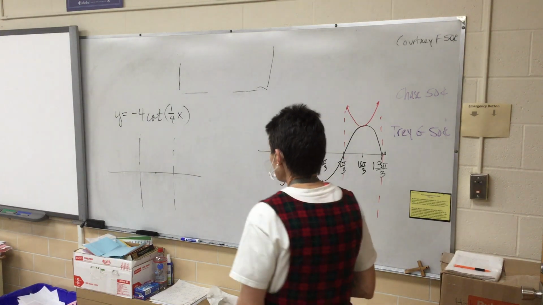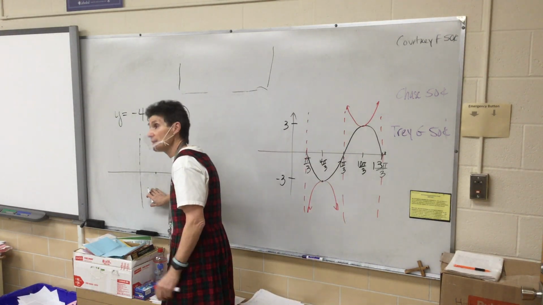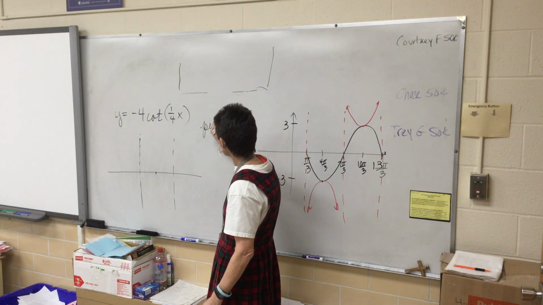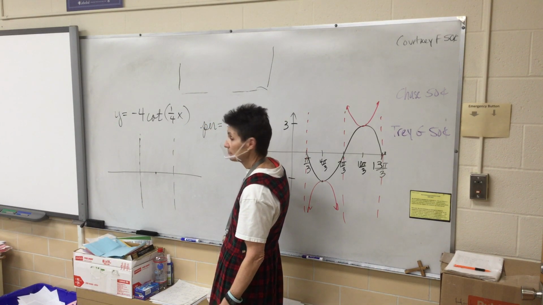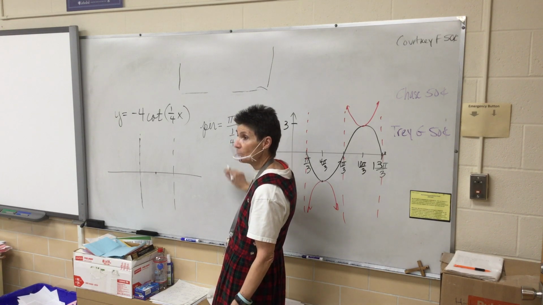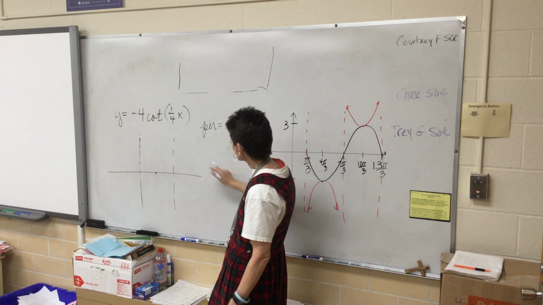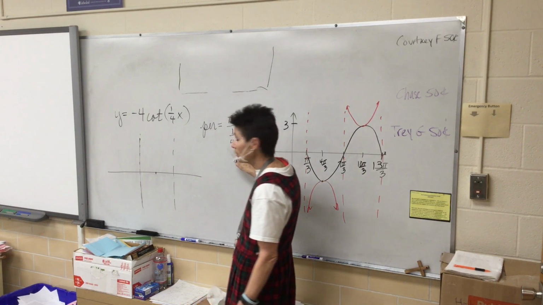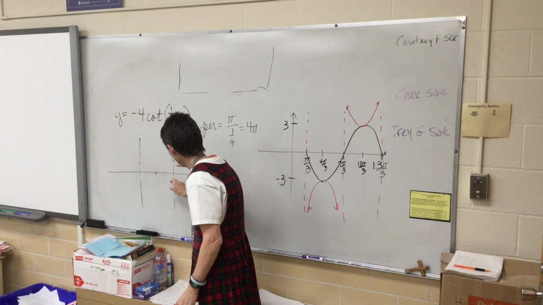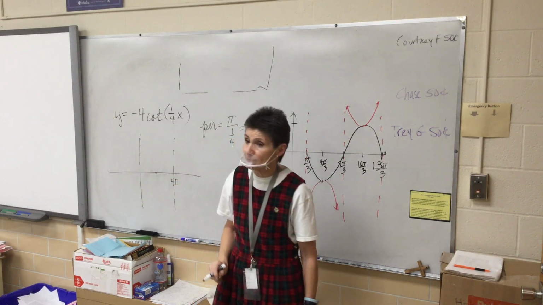Now, how far apart are these asymptotes going to be? Normally, they would be pi apart. But this time, how far apart are they going to be? 4 pi? Isn't my period going to be 4 pi? Because it's pi divided by a fourth. So I have an asymptote at 0, and I have an asymptote at 4 pi.